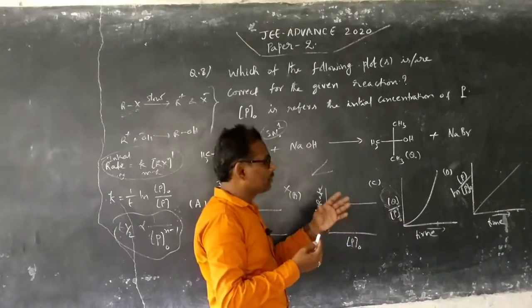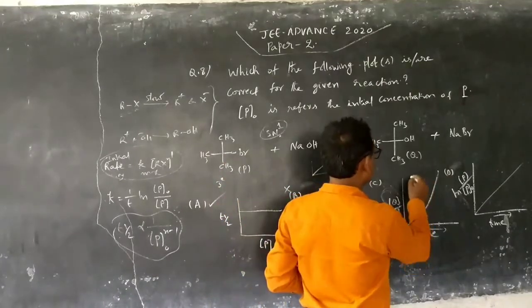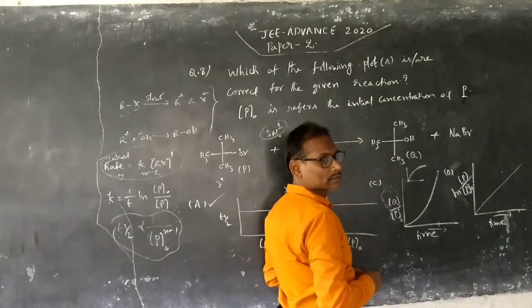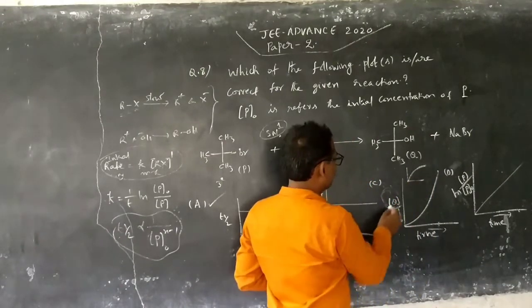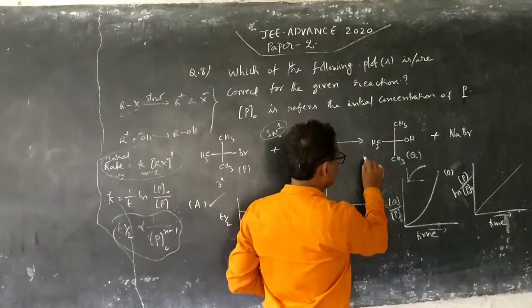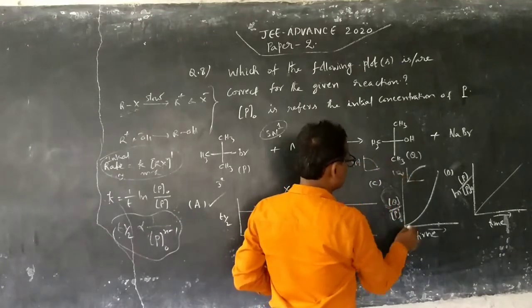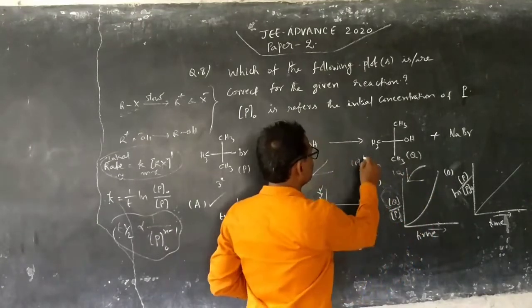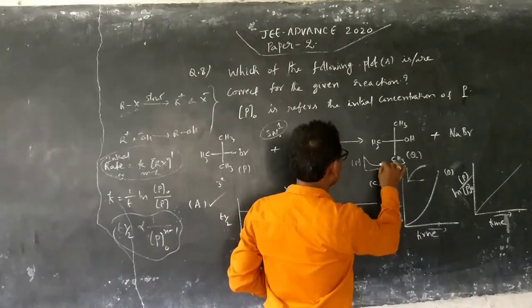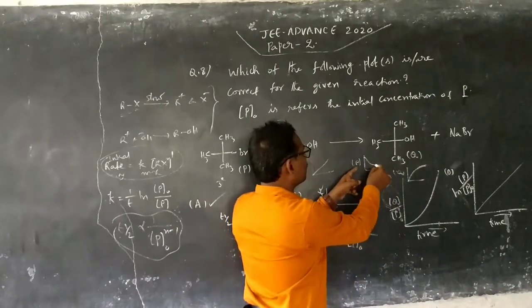But if you note its values experimentally, the graph is not like this. The graph is going to be like this. For reactants, the graph decreases like this. This is for P, this is for Q, but not like this. When you consider the reactant, the decrease of concentration with respect to time will be like this.